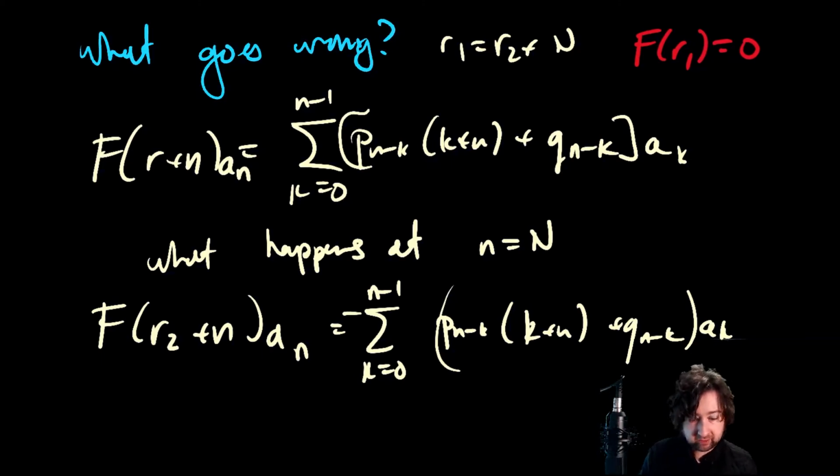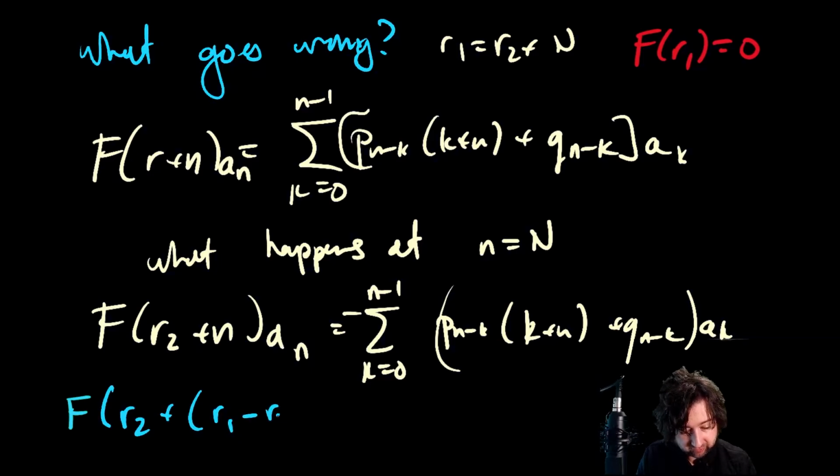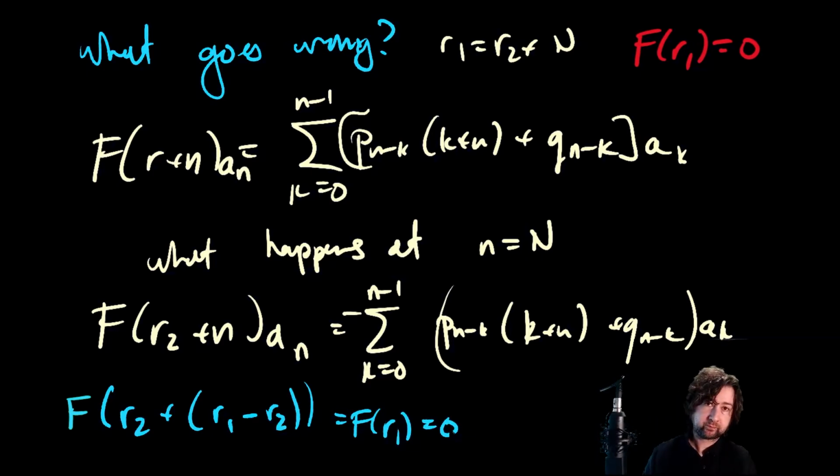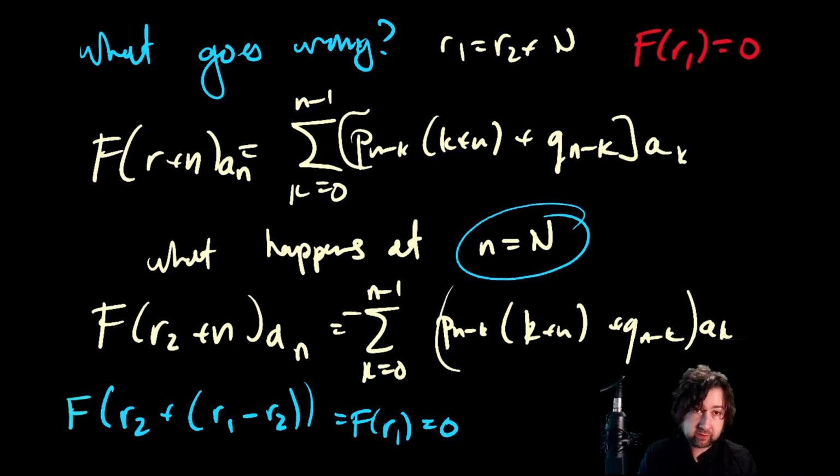Well, the left-hand side all of a sudden turns into f of r2 plus r1 minus r2, which is f of r1, which is 0. So when you hit n equals N, the left-hand side of this recursion turns into nothing. You get 0 times aN.